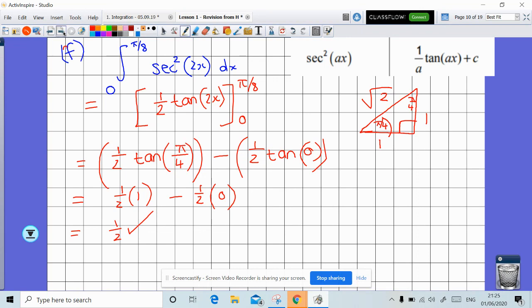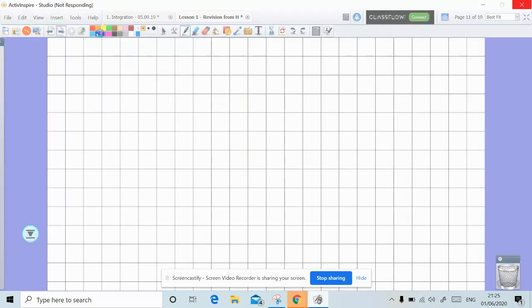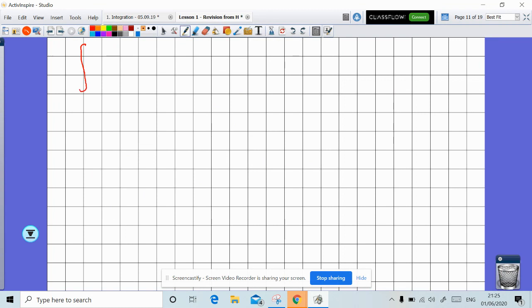Okay, now one more example and then I'll stop talking. So part G. So it's the integral between the limits of 0 and 1.